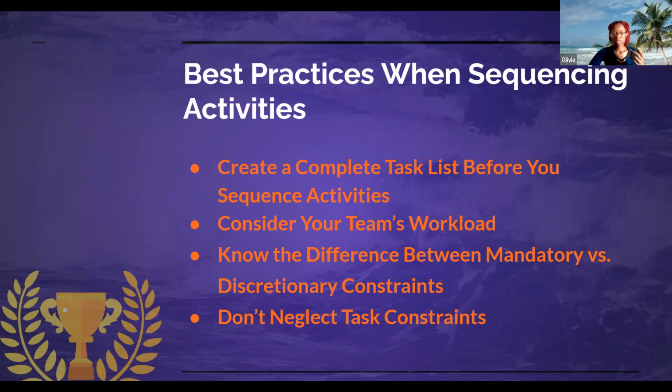So what am I really trying to say? When we talk about creating a complete task list before you sequence your activities, it means that when you're working on a project, there are new and unexpected tasks that will naturally crop up along the way. Some of us will have noticed this over time while working, and some may not have, but please keep in mind that this will occur.